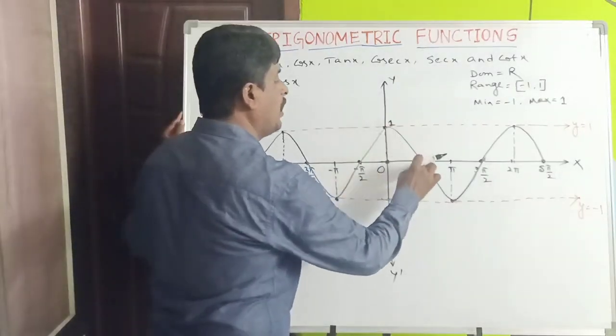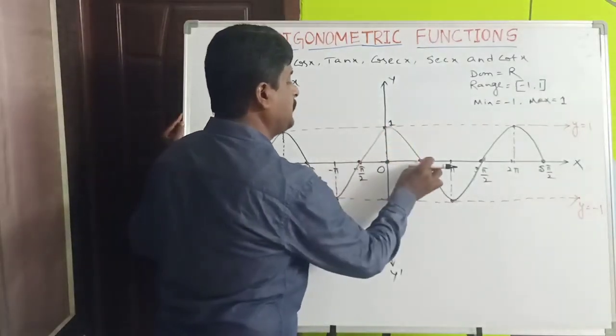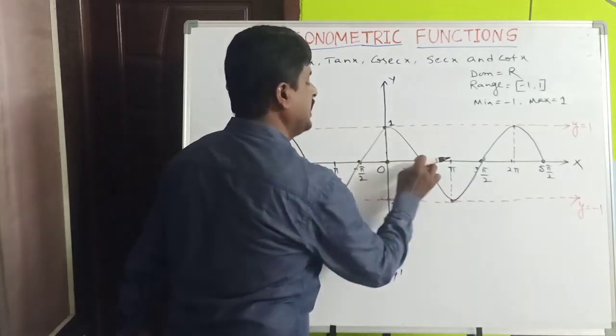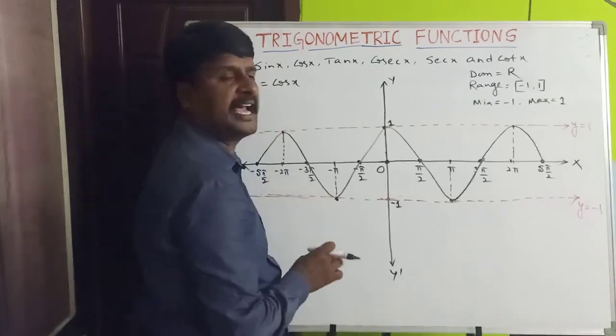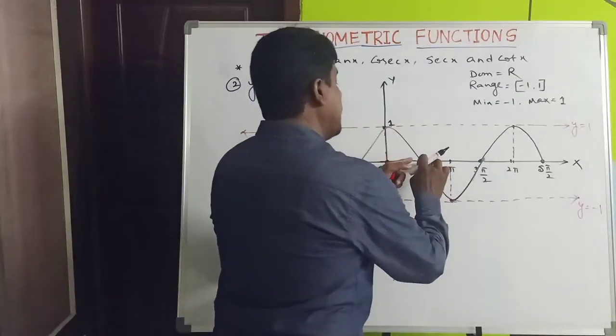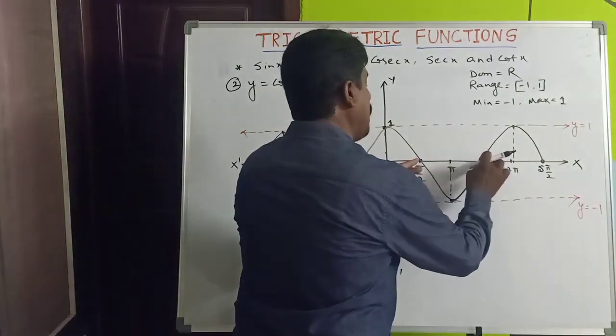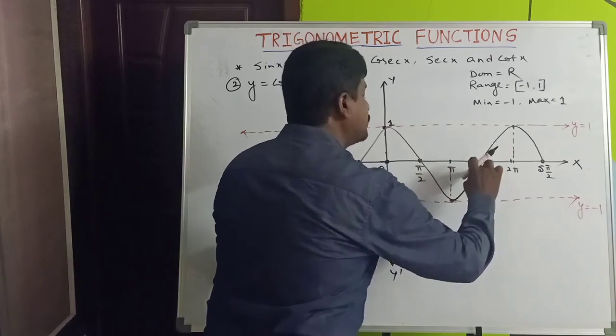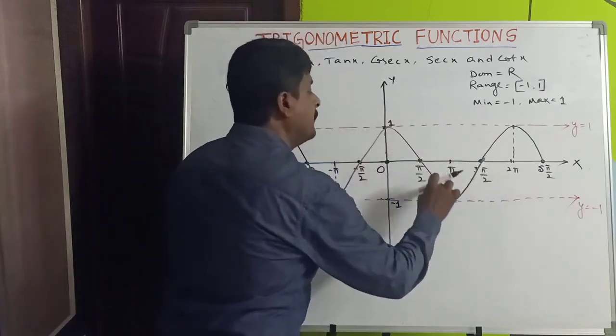This is one upward parabola, from -pi by 2 to +pi by 2, and its length is pi. Here to here is pi by 2, here to here pi by 2 distance. Total distance is pi units. Again pi by 2 to 3 pi by 2 also has length pi. This is the only different graph.